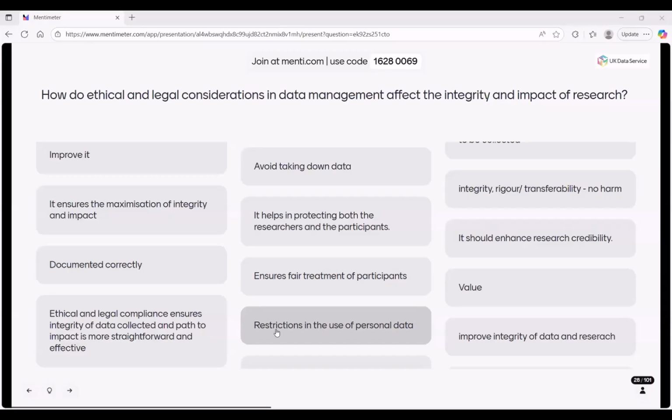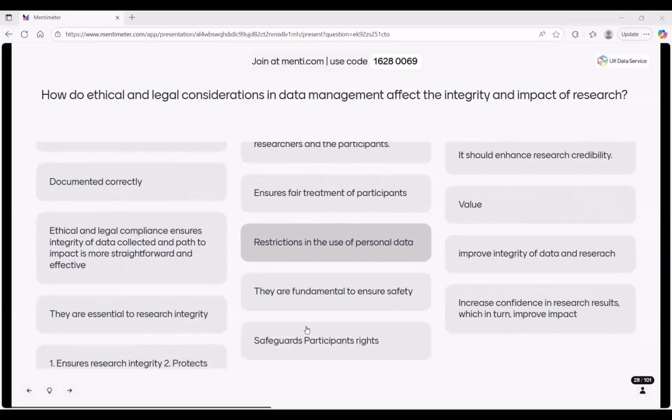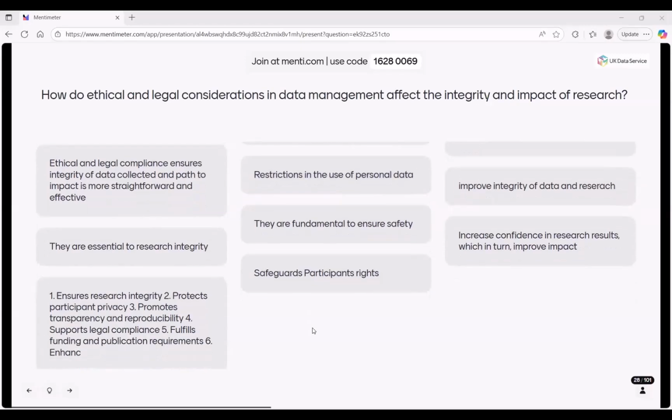So if ethical issues are ignored, like sharing identifiable information without consent, it can damage participants, break trust, and harm your reputation as well. So definitely ethical and legal considerations do affect the integrity, and they do have an impact on research.